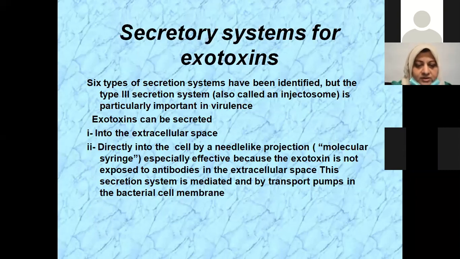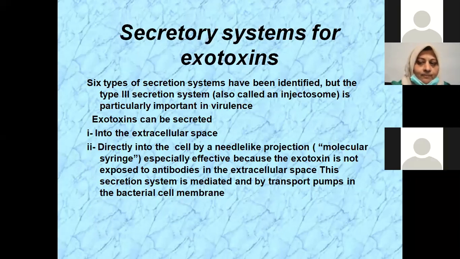So exotoxins can be secreted into the extracellular space, outside the cells, and they can be secreted directly into the cell through an injection method, which we are calling the type 3 secretory system.